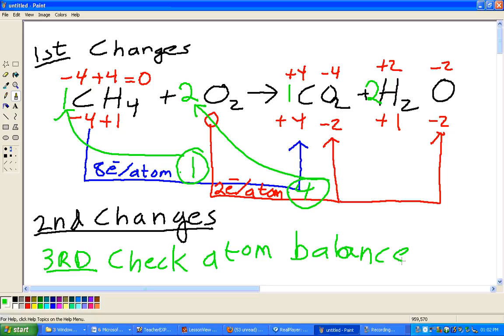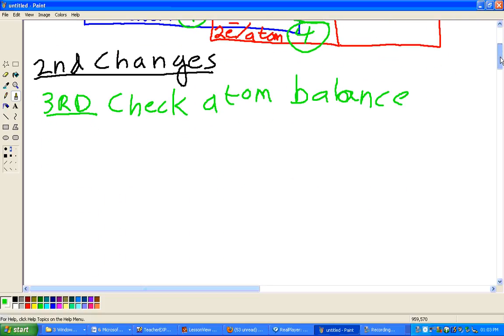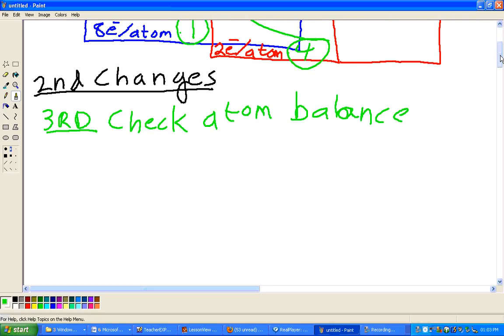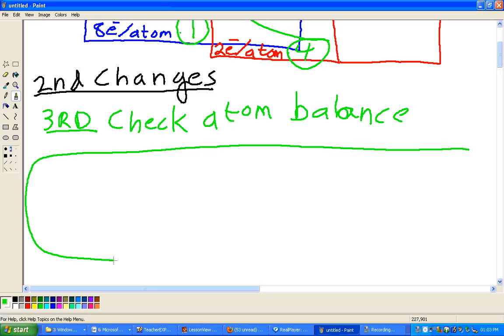Check that the atoms are balanced. 1 carbon, 4 hydrogens. I've got 1 carbon. Can everybody see the 4 hydrogens here? That is now a balanced chemical equation. Write the answer clearly. It's really messy up there.